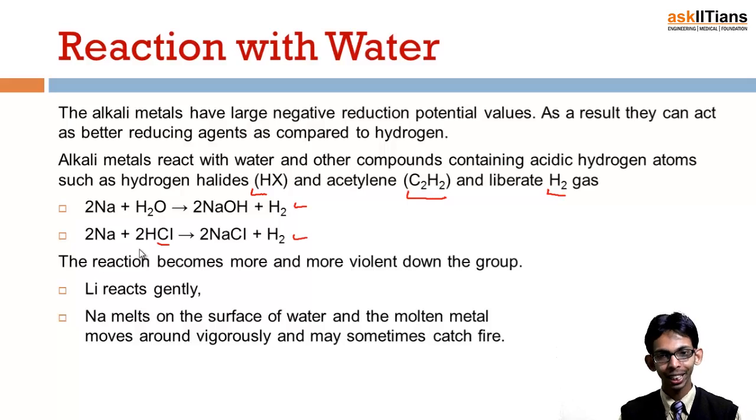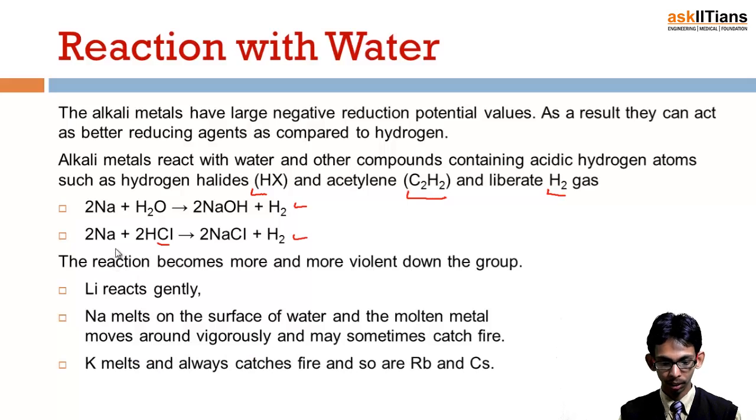Why? Because it reacts with water and liberates hydrogen gas. Because of this hydrogen gas, it starts floating on the surface, and this is an exothermic reaction because heat is also involved. There is hydrogen gas, there is heat, so it sometimes starts burning. While potassium and other elements also react very vigorously and catch fire on the surface.